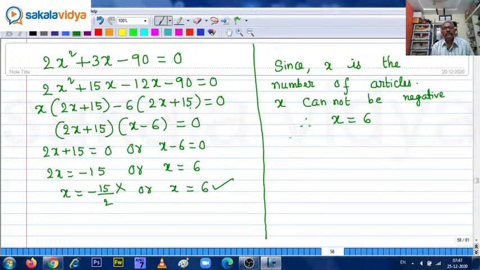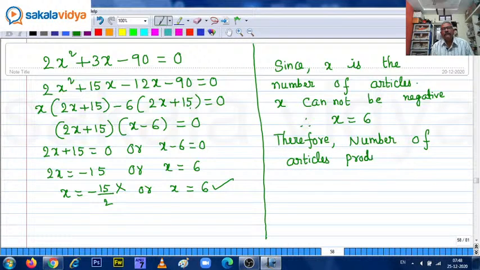So now what we need to find out is the cost of each article. The number of articles produced on a particular day is equal to 6.